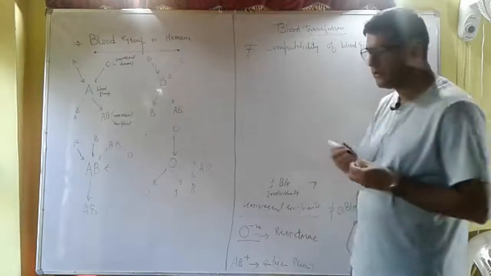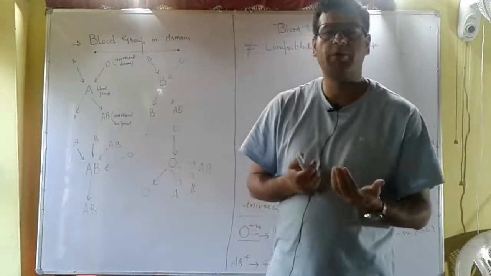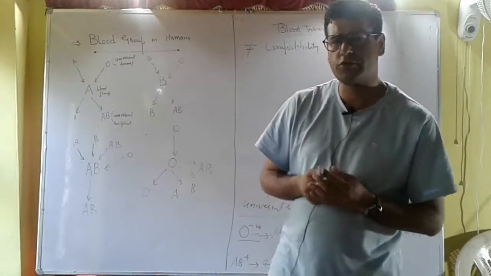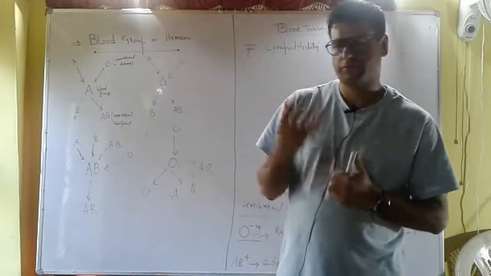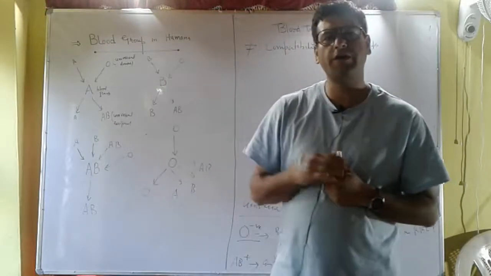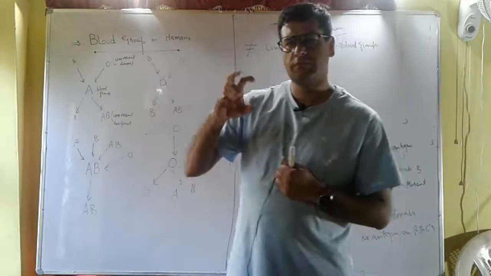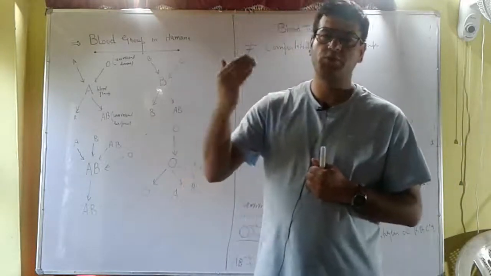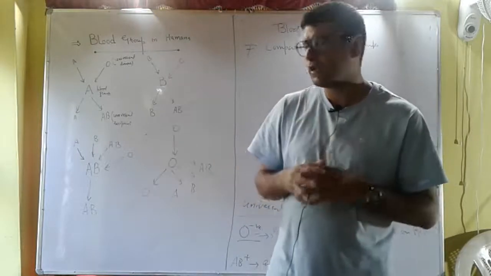For example, if we have an A blood group individual, it should receive blood from A or O blood group individuals. Now, if in the A blood group individual, suppose B blood group has been injected, then what will happen?